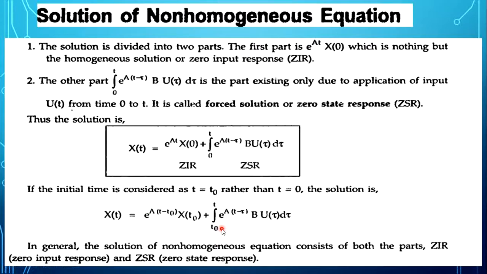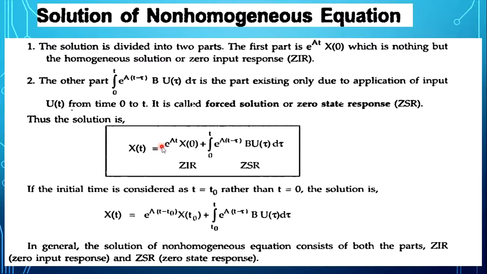If the initial time is considered as t0, then the solution equation with that initial condition becomes e to the power A (t minus t0) x of t0, plus the integral, with limits also changing, from t0 to t of e to the power A (t minus tau) B u of tau d tau. So this e to the power At is called the state transition matrix.